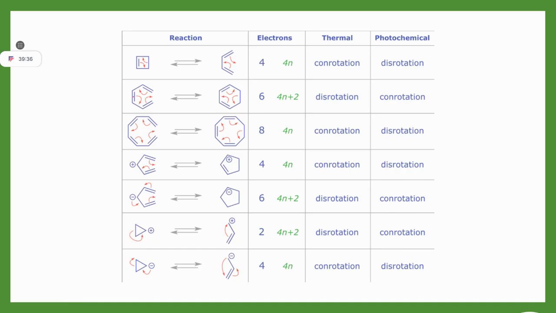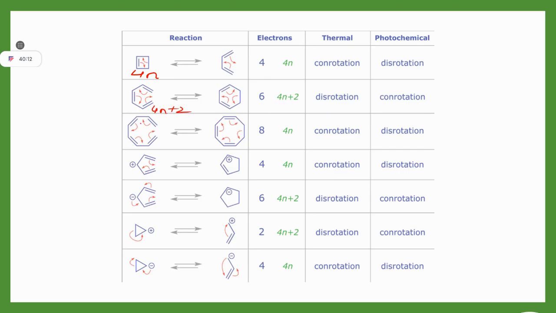So see how in electrocyclic reaction it is not always necessary that the pi electrons involved should be 4n, right? So in case number 1 there are 4n electrons involved, right? 2 sigma, 2 pi and 2 sigma. Here 4n plus 2, 6 electrons are involved.